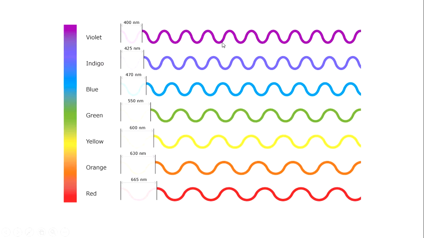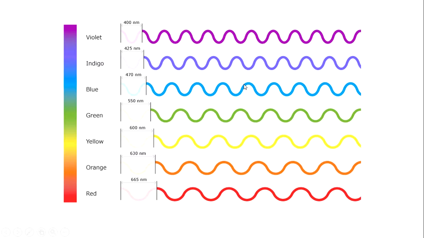Now all the colors between red and violet have wavelengths that are between them too. So some of them are longer, with indigo, blue, green, yellow a little bigger, orange a little bigger. Light such as sunlight is actually just a collection of many different wavelengths mixed together.